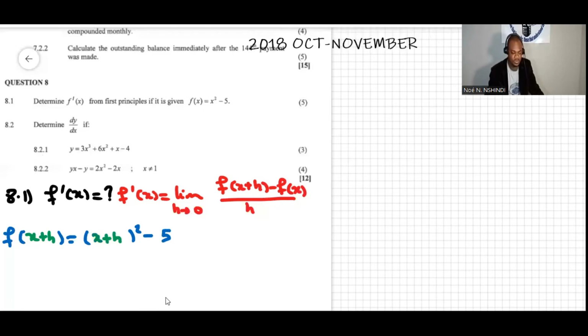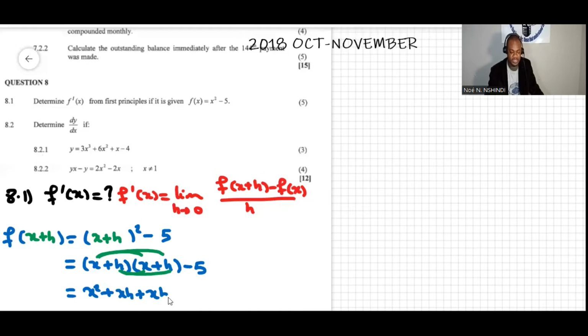So this will be equal to what? x plus h times x plus h minus 5. So we're going to do x times x, x times h, h times x, h times h. And then this makes x times x equals x squared, x times h makes xh, h times x makes xh, h times h makes h squared, minus 5.